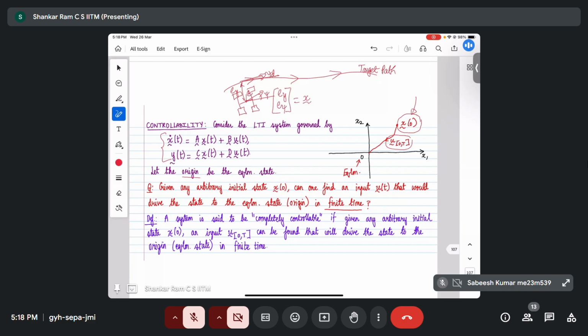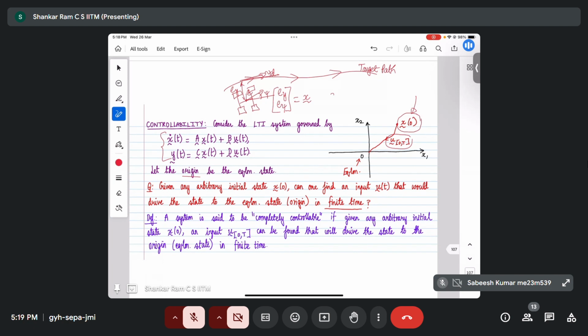These errors. The question is x0 is not 0, so initially it is not 0. What is x0? It is x of t at time t equals 0. So for the context, we should know what we are referring to.